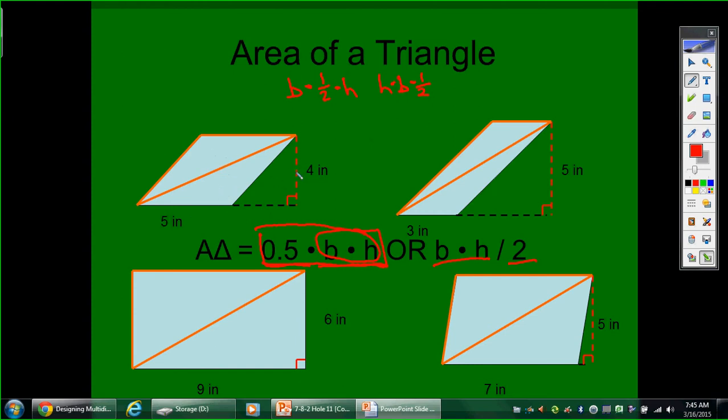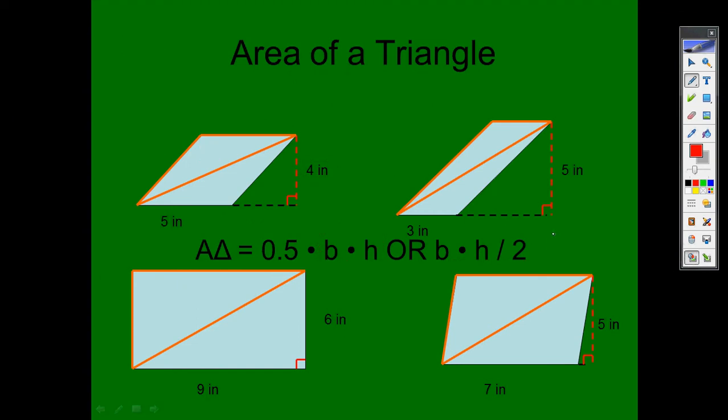Initially I said 5 times 4 was 20, half of that is 10. I could also say half of 4 is 2, 2 times 5 is 10. Down here, half of 6 is 3, 3 times 9 is 27. So I can take half of the product, or I can take half of one of these numbers and then multiply it by the other. That's how the commutative property works for me.